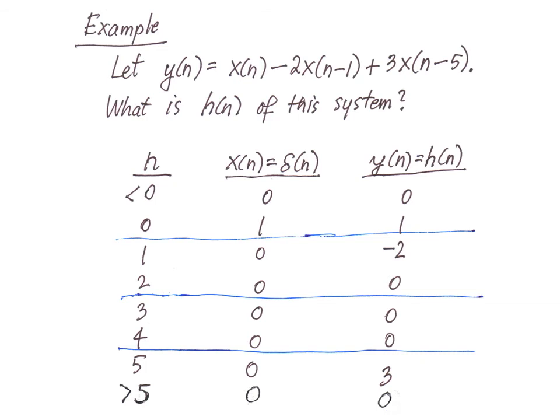In this slide, I've repeated the question, and then below, here's a table. First column are the index values of n, second one, the input sequence, and the third one, the output sequence.